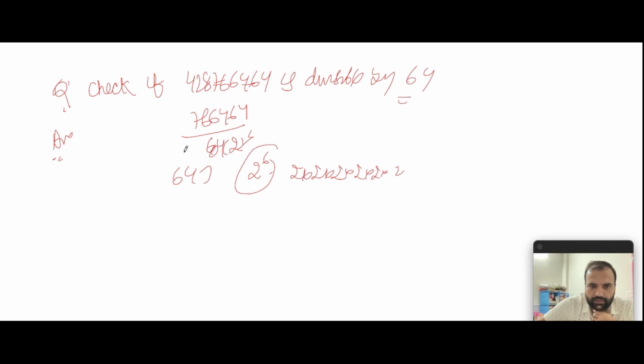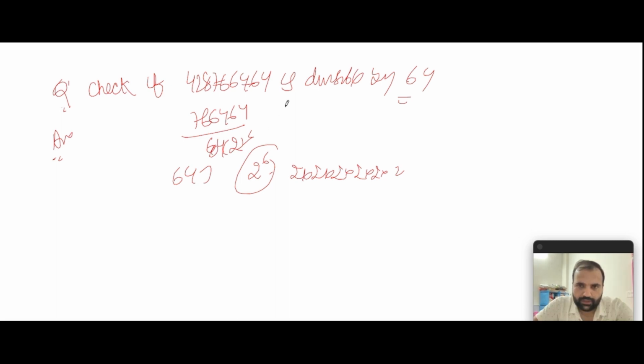So it doesn't make a difference. You can also break 64 into 8 into 8, so even that would be fine. Okay, so I think it's not divisible by 64.